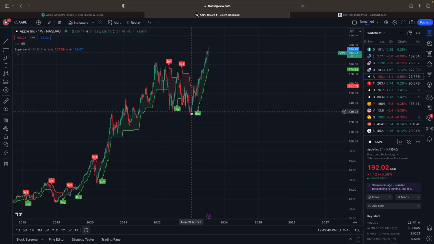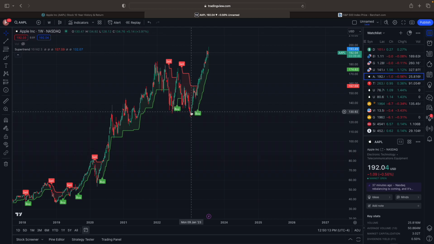Give me a second. Let me get my calculator. We got Apple at 130, and we should gain 30% by the end of the year. So I would say 130 times 30%. That's $39. Okay, so 130 plus $39, 169.